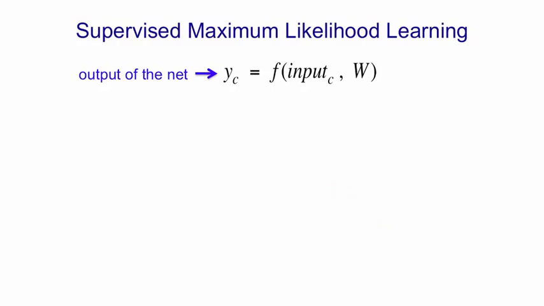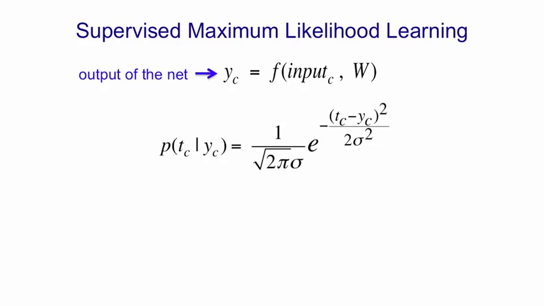So the math looks like this. Let's suppose that the output of the neural net on training case c is yc, and this output is produced by applying the weights w to the input c. The probability that we'll get the correct target value when we add Gaussian noise to that output yc is given by a Gaussian centered on yc.